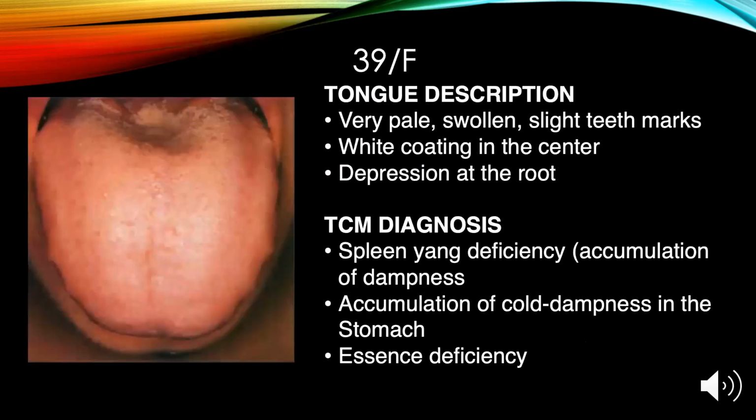Next, we have a 39-year-old female. Tongue is described as very pale, swollen, slight teeth marks, white coating in the center, and depression at the root. TCM diagnosis: spleen yang deficiency with accumulation of dampness, accumulation of cold dampness in the stomach, essence deficiency.